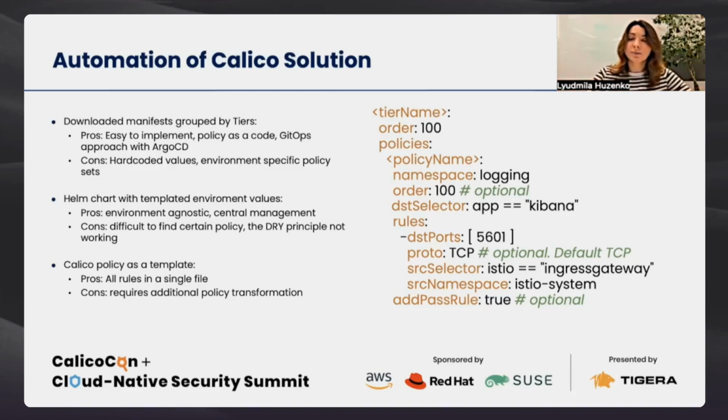So we decided to implement another solution where you have a description of all of your rules in a single file. And you have three files for templating: a template for tier, a template for policy, and a template for network set. In this case, in this single file, you can see all the tiers and the policies you have in the environment. And you can easily see what is implemented from the code base.